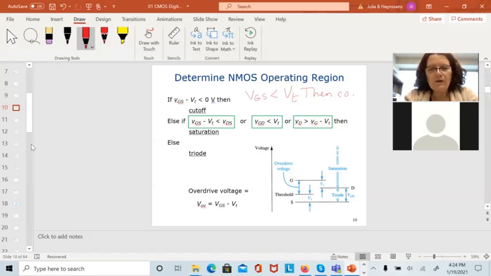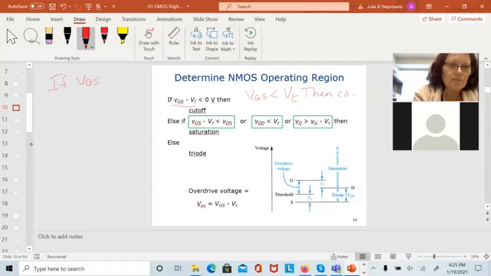I move VT over to the other side. If VGS minus VT is less than 0, then I'm in cutoff. Now there's a couple of ways we can figure out if it's in saturation. And the way I usually write it, because it's amazing when we get to analog circuits, is I write this. This is the way I do it.